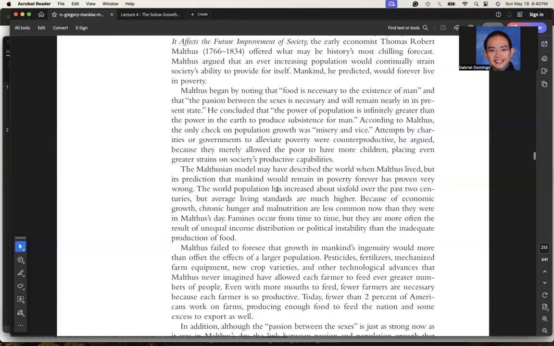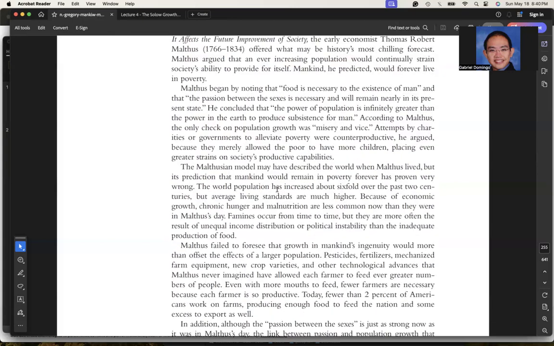So one of the key limitations of Malthus's model is that there are other effects of a larger population, okay, in that more people will result in more ideas and more technology, better and more efficient technology, and that in a sense will offset the stark predictions of both the Solow model and Malthus.